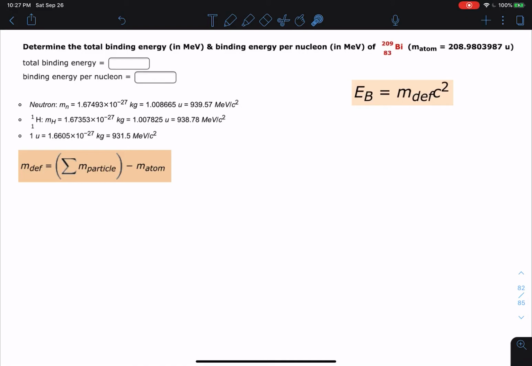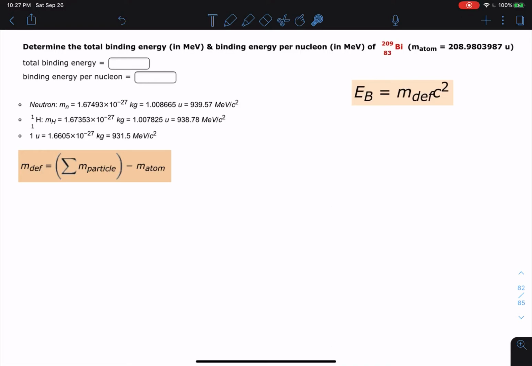In joules, it'd be on the order of 10 to the negative 13th joules. 1 electron volt is 1.6022 times 10 to the negative 19th joules, so 1 mega electron volt is all that times 10 to the negative 13th. It's just more convenient to use what essentially are small units of energy.